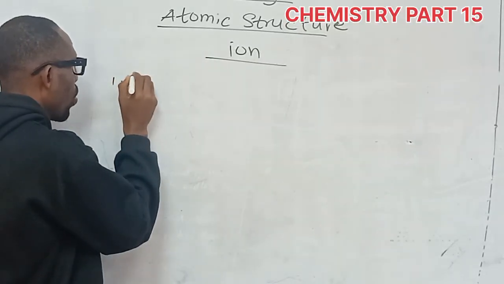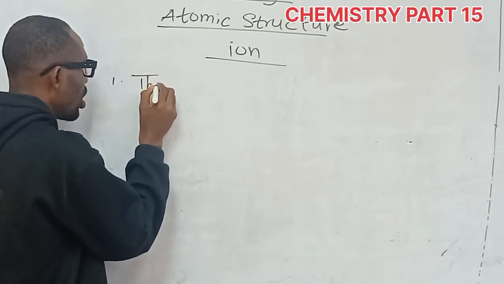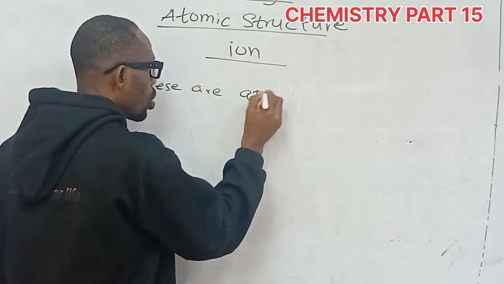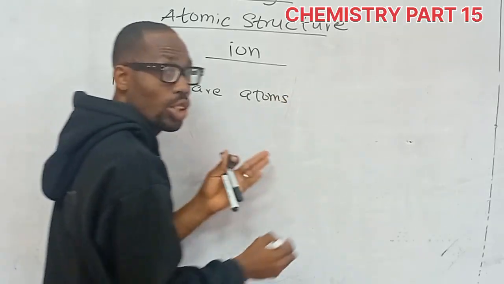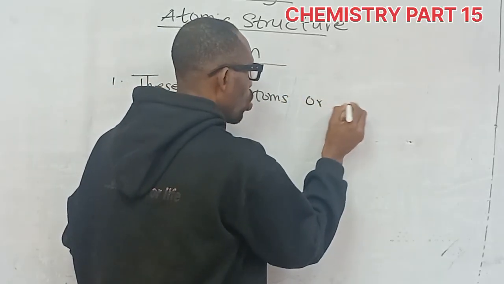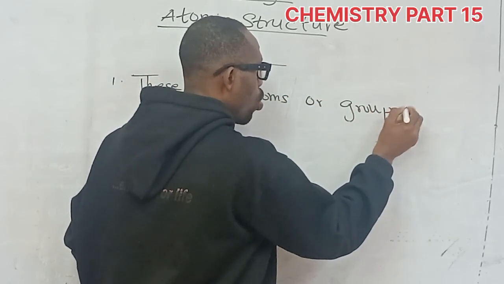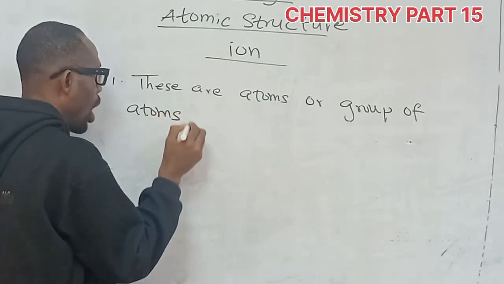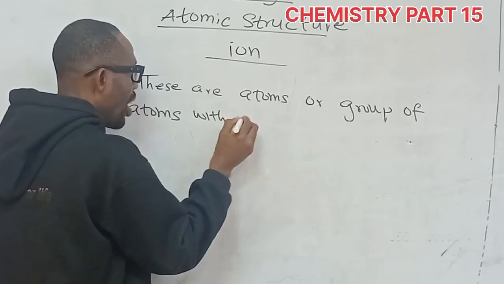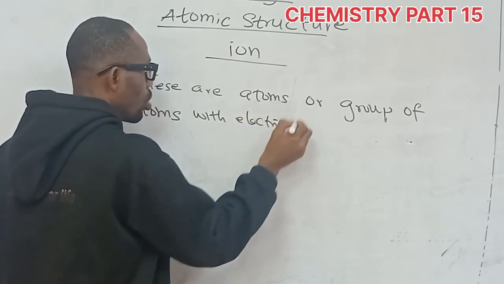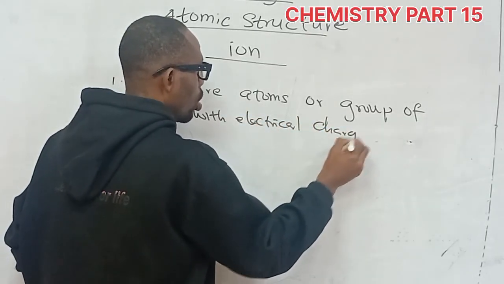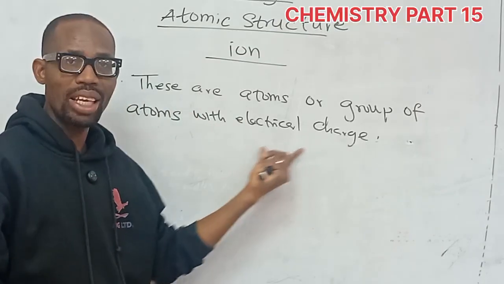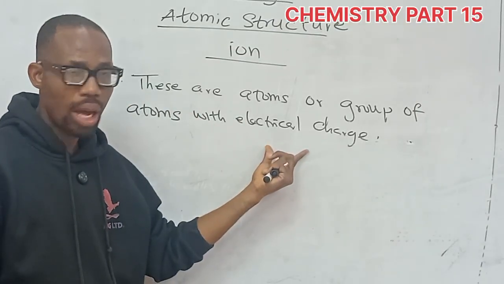Ion: these are atoms or group of atoms with electrical charge. Okay, these are atoms that possess what? An electrical charge. Are you with me now?